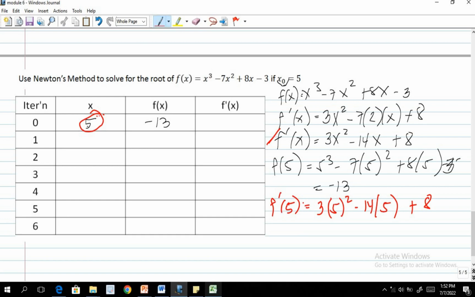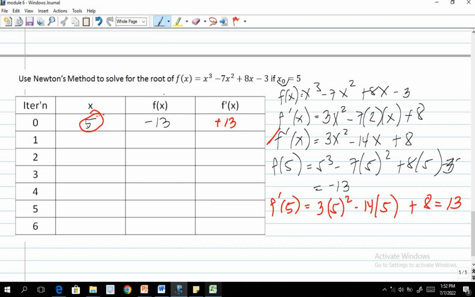If you input this in your calculator, 3 times 5 squared minus 14 times 5 plus 8, that is equal to positive 30. Okay. So that is how our calculation will flow.